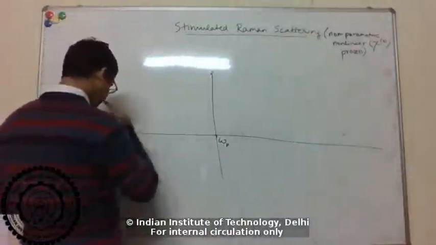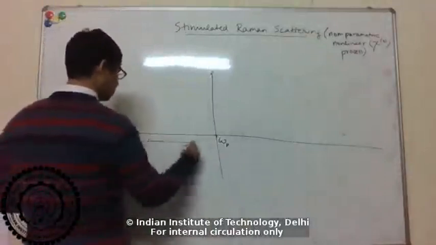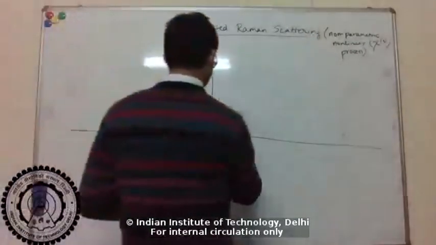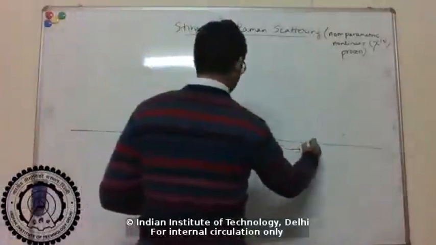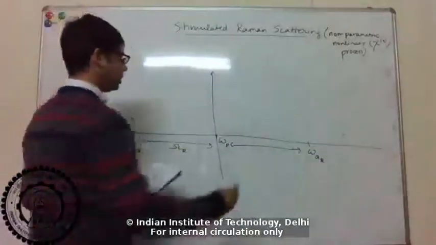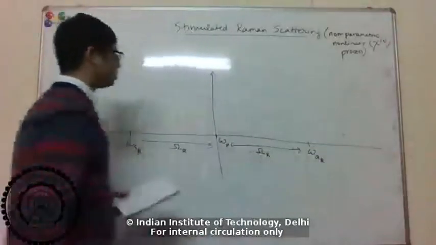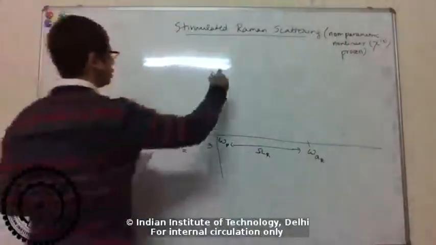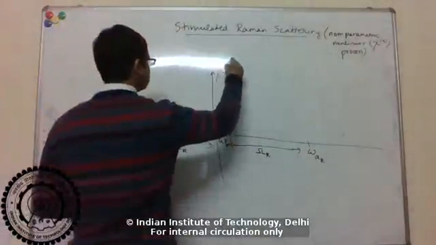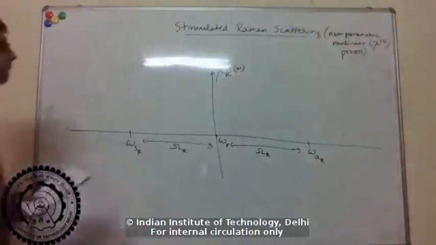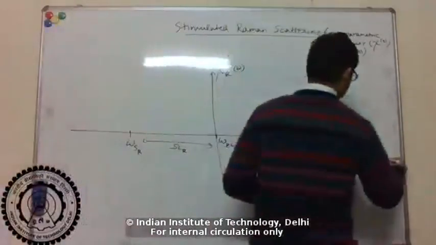So this is omega r. And then if you go higher by a Raman shift, then we get the anti-Stokes resonant frequency. Right? So the axis is omega.